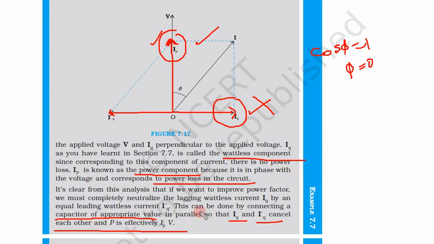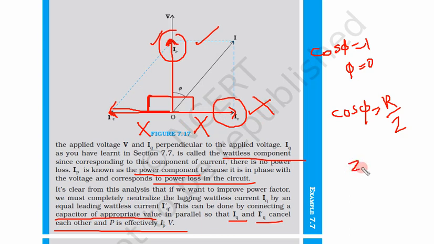What they are saying in this line is that if we connect a capacitor of appropriate capacitance, what will happen? We know that in the case of a capacitor, current will lead. Here the current was lagging. If these two components are equal and in opposite directions, this will be gone, and we know cos phi is equal to R by Z. Since in this case, when we have removed these components, Z is equal to R, the power factor is 1.